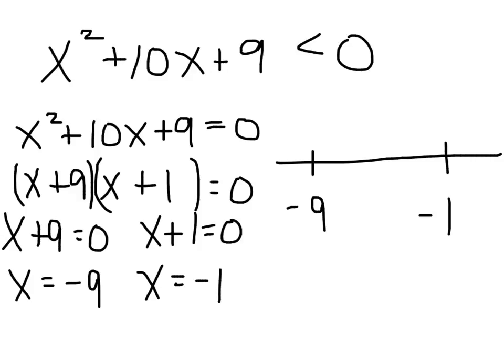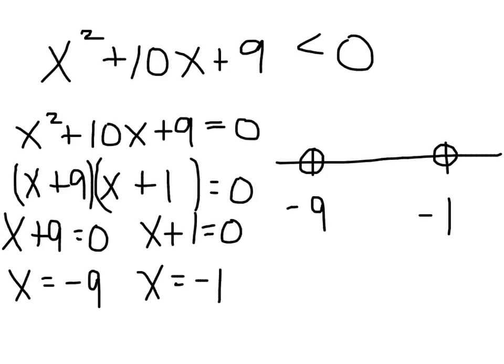On negative 9 and negative 1, would those be open circles or closed circles? Open. Why are they open circles? There's no equal to. If the inequality in the original problem would have been underlined, then I would have had them as closed circles. But those are open circles. Okay? Is everybody okay with that so far?